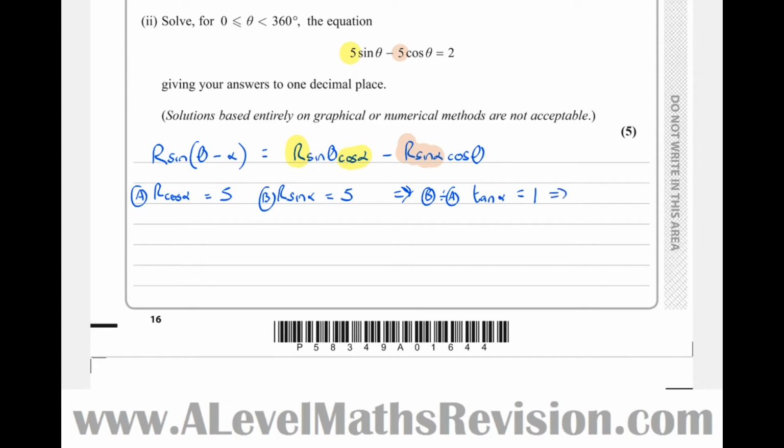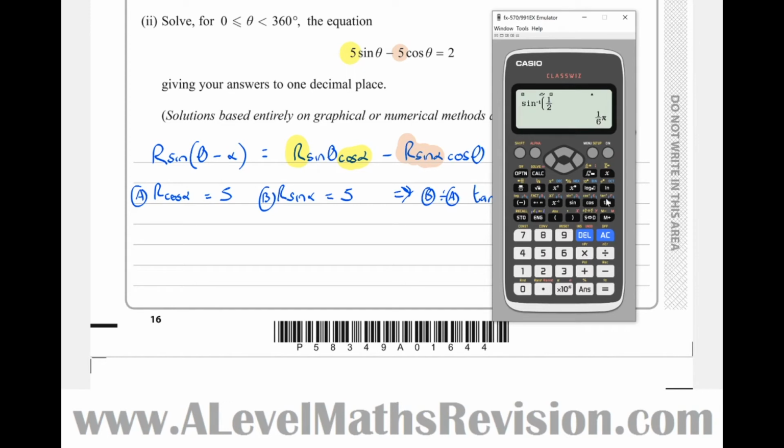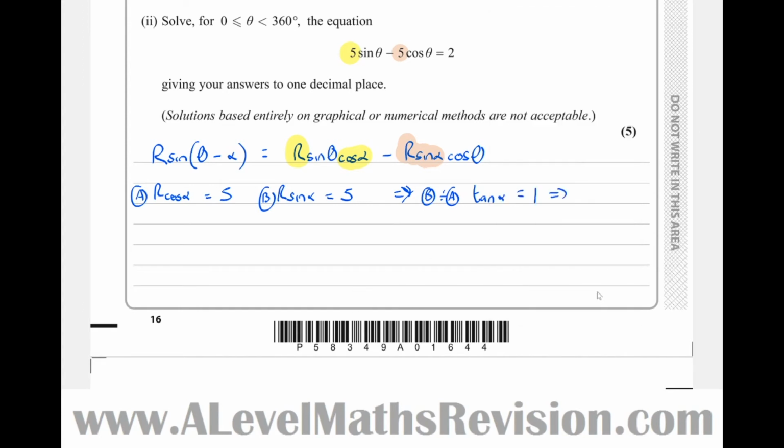So that means that alpha is the arctan of 1, which we need to do in degrees. The question is in degrees, so we'll put that there. So arctan of 1 is 45. So alpha equals 45 degrees. We've then got to find the constant at the front. Well, we do that by using Pythagoras on these two numbers here.